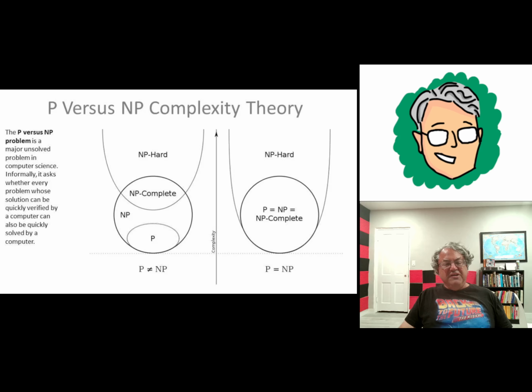But I guess, and then there's other problems that are even harder than NP. There's problems that are called NP hard. NP hard just means these are the hardest problems there are. I mean, these are problems like the traveling salesman. I mentioned the traveling salesman problem last time. That's one of the hardest algorithms we know of.